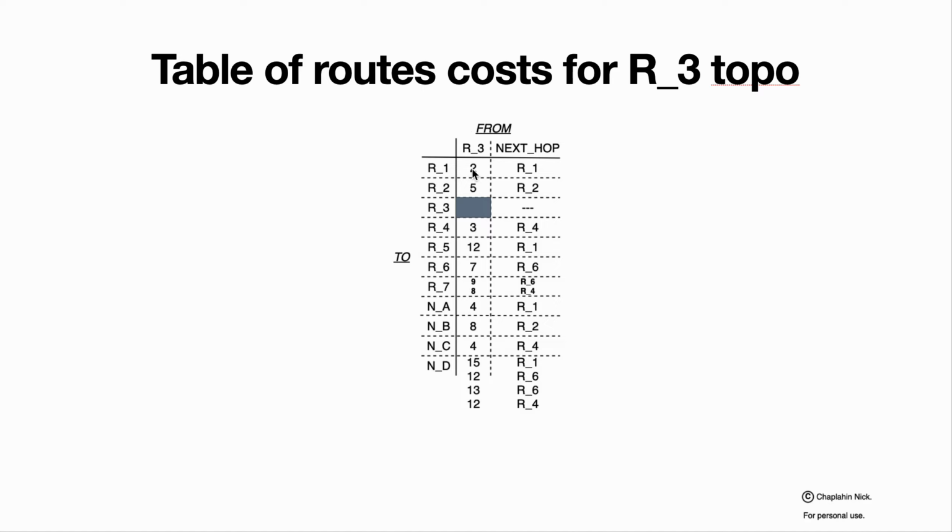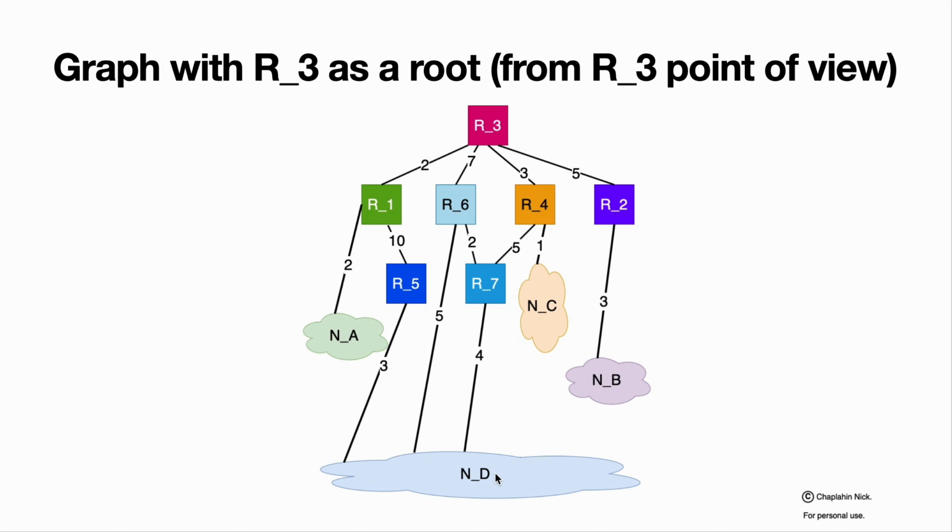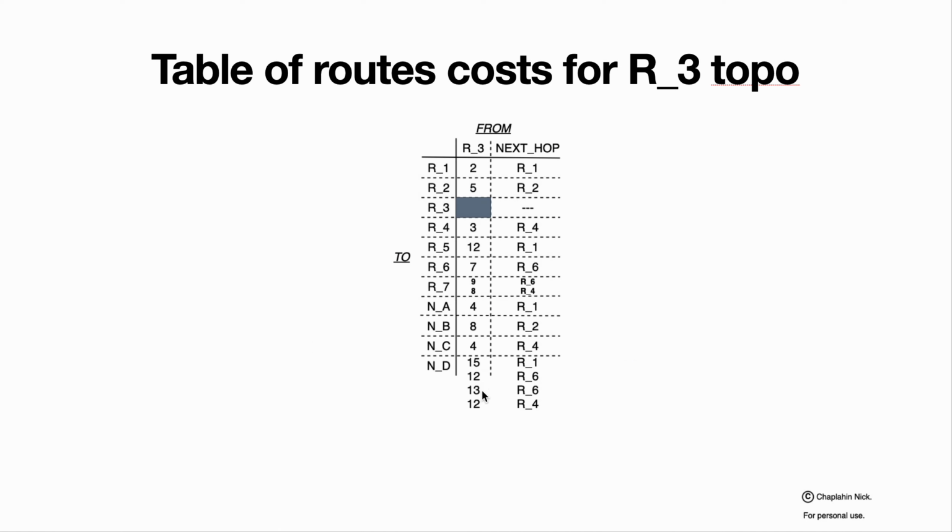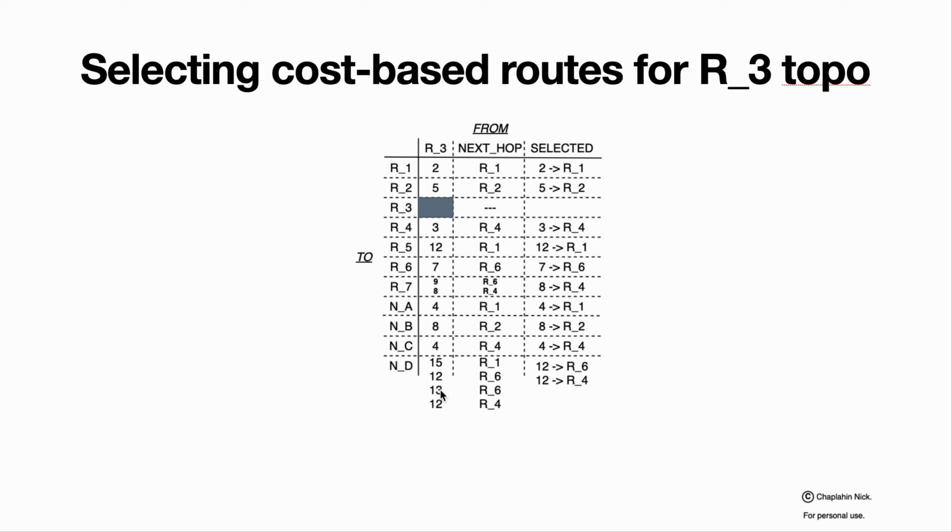Again, R3 has multiple destinations to the network D. It can be R1, R5, network D, R6, network D, R6, R7, network D, R4, R7, network D.